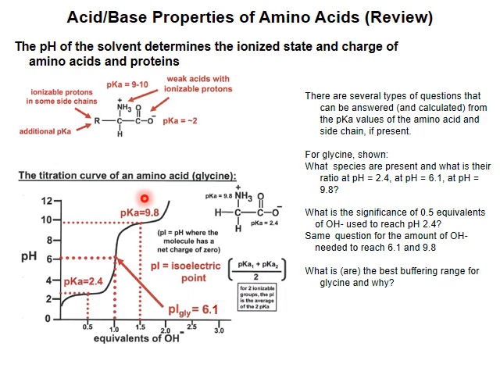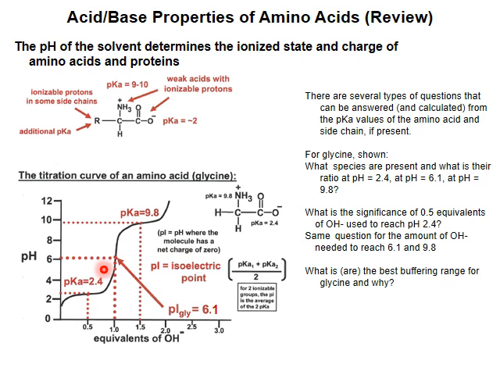For amino acids that just have 2 ionizable groups, the zwitterionic form will occur between those 2 pKa's, and then the pI value is just the average of those 2 pKa values. In this case, it would be 6.1. And so this is a review of looking at that.